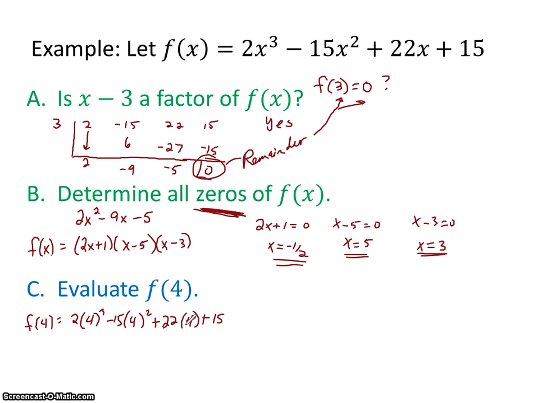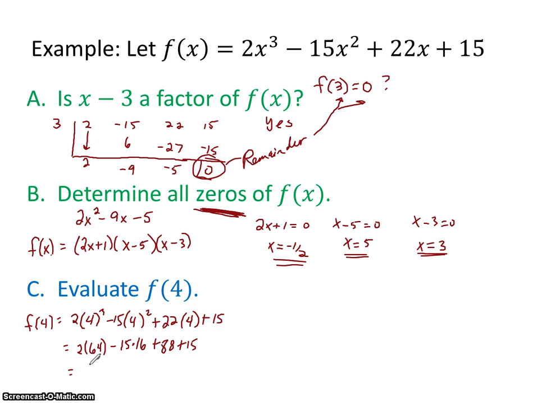And then if I continue to do that work, I'm going to have 2 times 4 cubed is 128, minus 5 times 4 squared is 80, plus 88, plus 15.